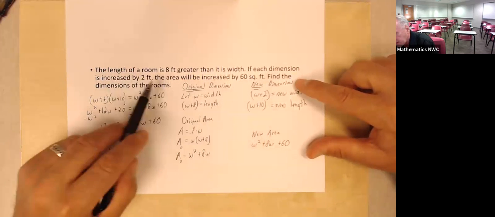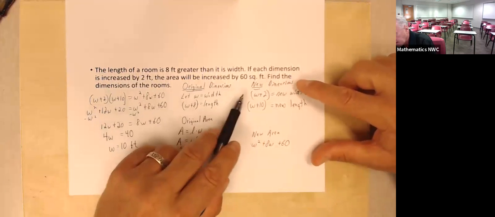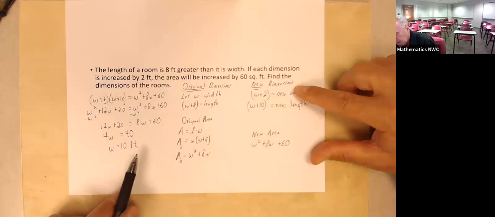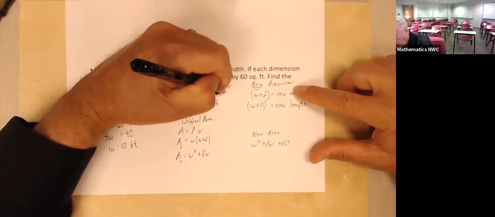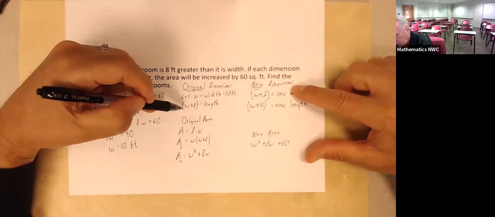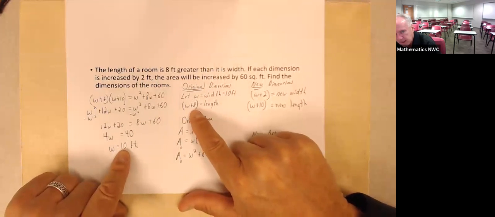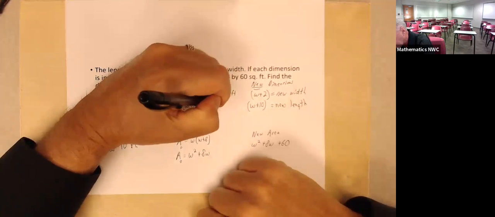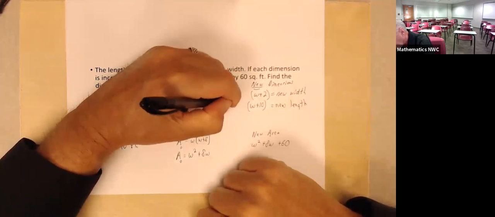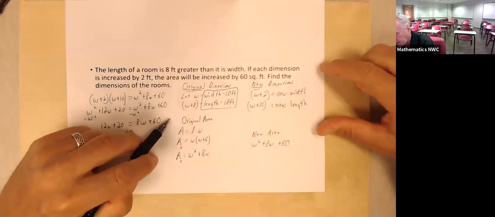When they say find the dimensions of the room, they're looking at the dimensions of both the original and the new. W is 10, so my original width is going to be 10 feet. My original length is going to be 10 plus 8, or 18. That's my original width and length.